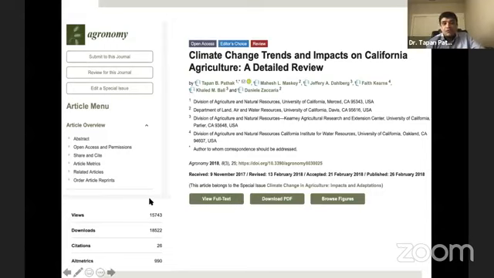It got a lot of attention, and it's one of the most accessed papers for this journal. This is an open access paper. If you want to learn more about California agriculture and how climate change is impacting it, this would be a good paper to read. I have this link on this slide that you can use to look at the paper.